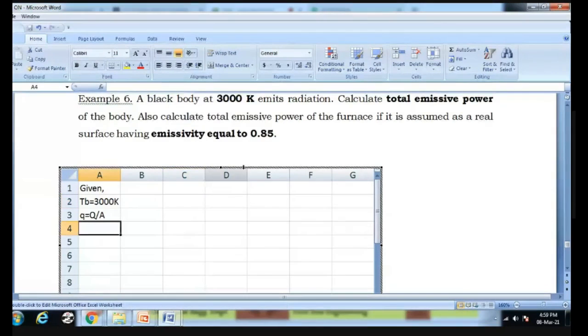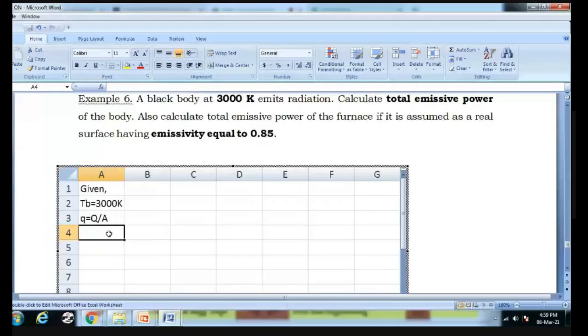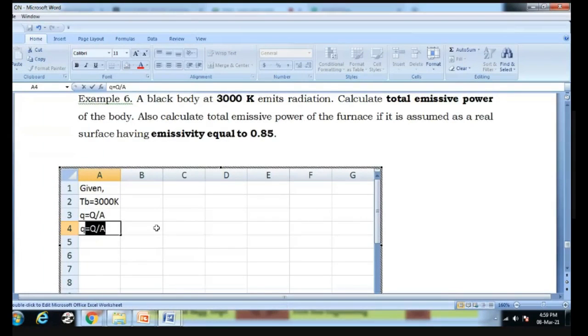So then what you know here is the emissivity is equal to 0.85. Emissivity is equal to emissive power of the body divided by emissive power of black body.